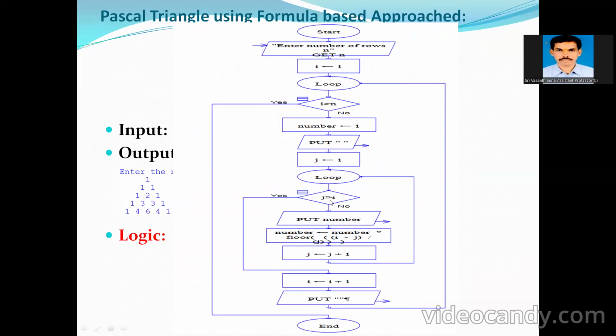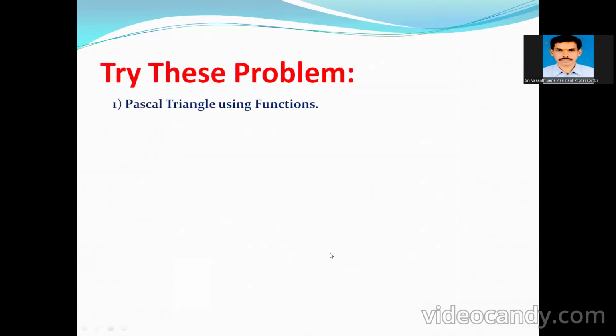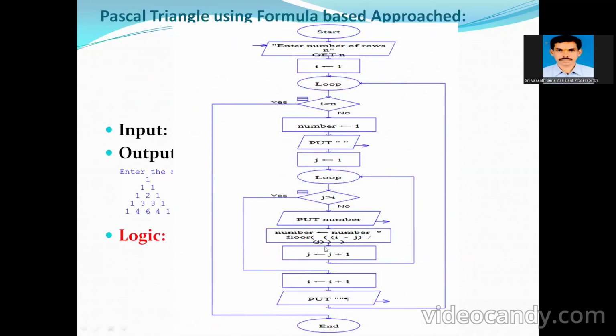We print the numbers in the columns of that particular row. Initially number 1 is printed. Next I update number = number * floor division of (i - j) by (j + 1). Then j is incremented by 1. In the outer for loop, i is incremented by 1.